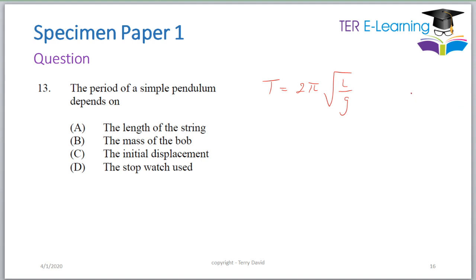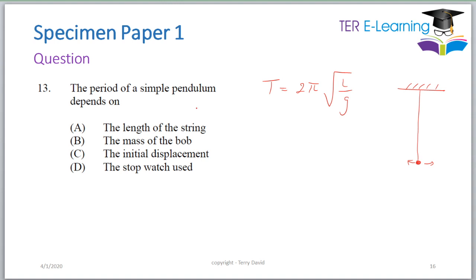For those of you who don't know what a pendulum is, you should. It's essentially a mass attached to a string, and when you displace the pendulum slightly, it's going to oscillate back and forth, right? So the time taken for each oscillation is given by this formula.